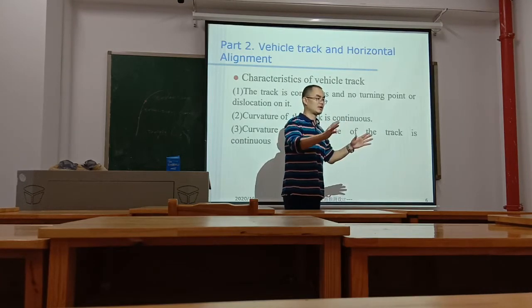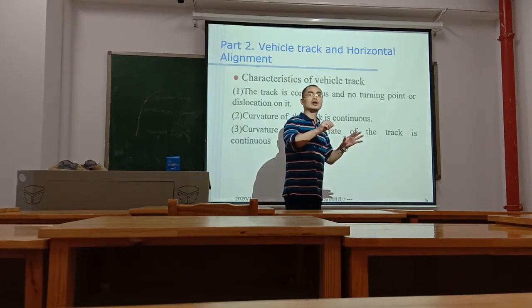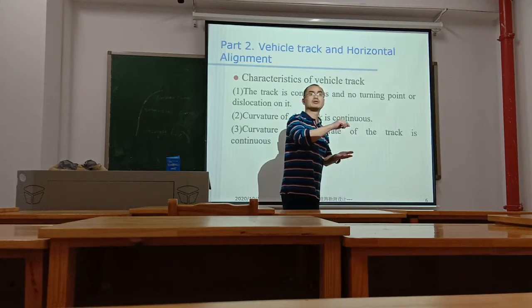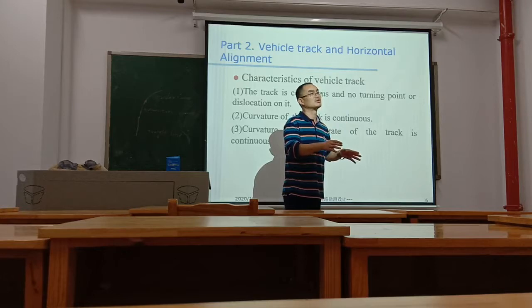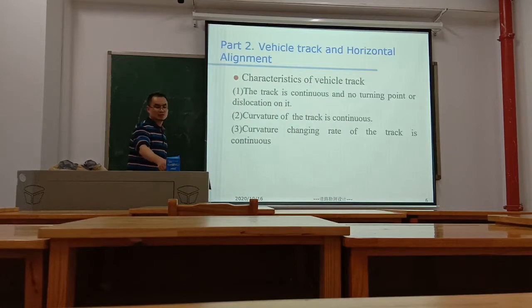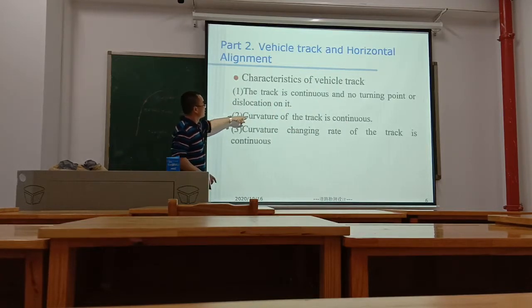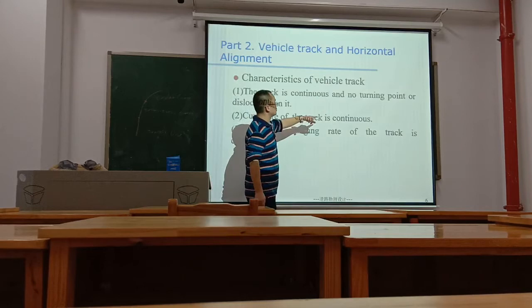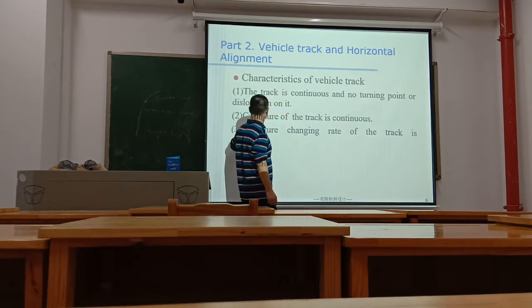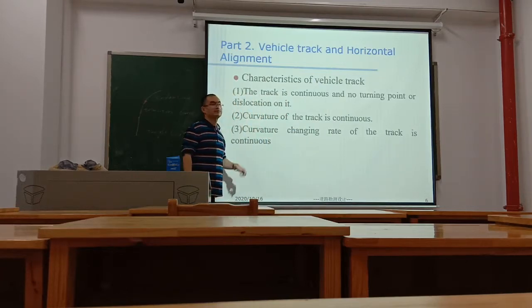If there is snow on the road, when you drive on the road, the wheel will leave a track on the snow. Those marks. So the second is the curvature of the track is continuous. What's curvature?